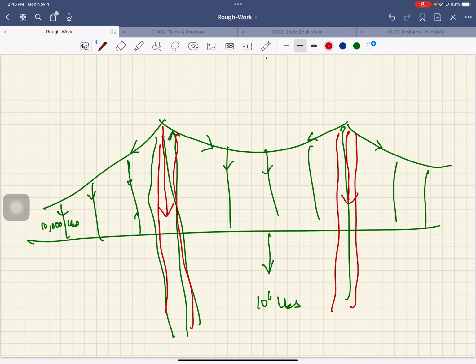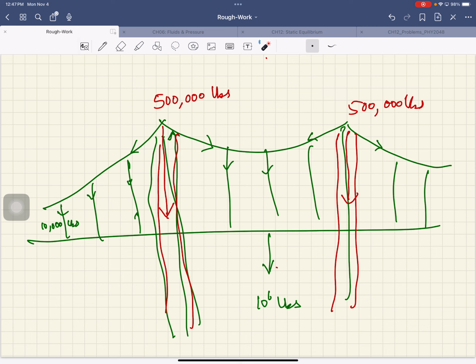How large is this force? That's half of this, 500,000 pounds. And that's what's supporting this 1,000,000 pounds.